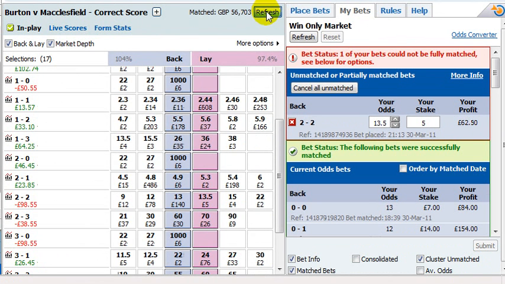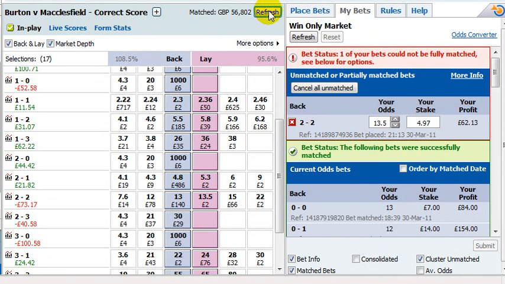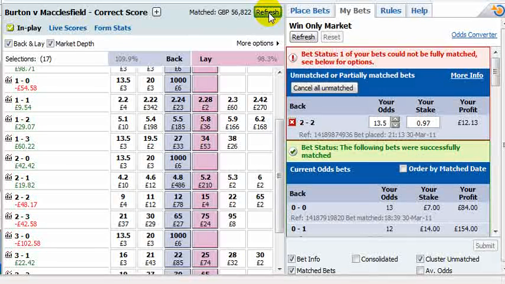Very nice. Now I have to look at the danger we highlighted at half-time, which is the 2-2. I didn't want to back it then at 8. Now I'm deciding I can back that a little bit more cheaply, and I'm asking 13.5 for that. So that's reduced the 2-2 from its original figure of around £81 at half-time to about a £48 red.